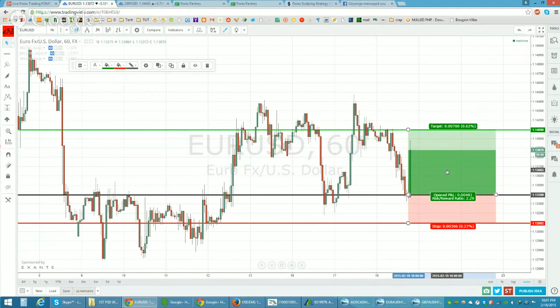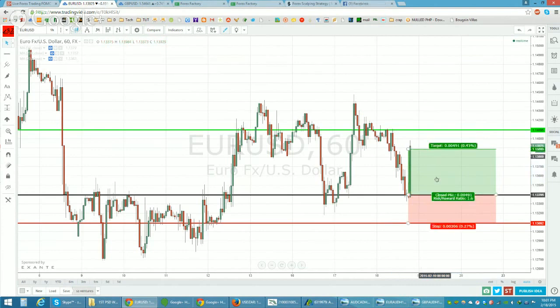I think that target is a bit too much for this, and I might just close it down at around 50 pips. All right, there we go. Yeah, I think let's close it down at around 50 pips. There we go. So our target of 50 pips has been hit.